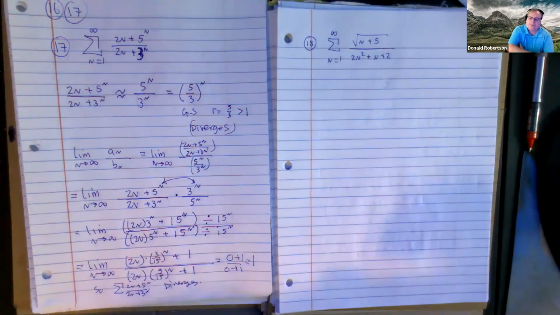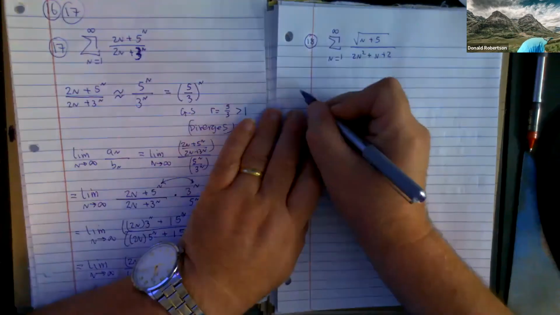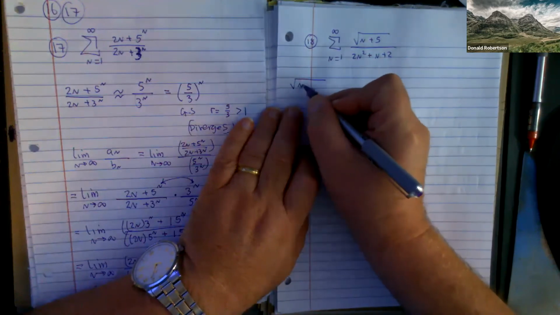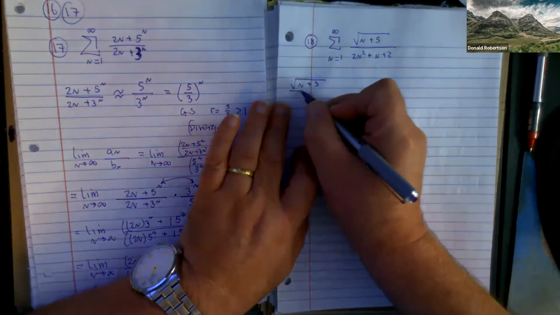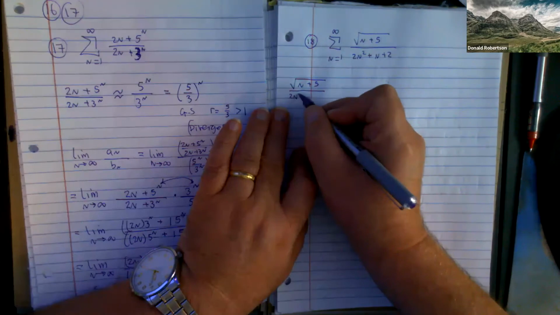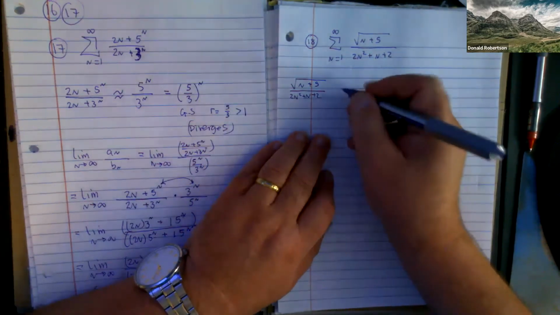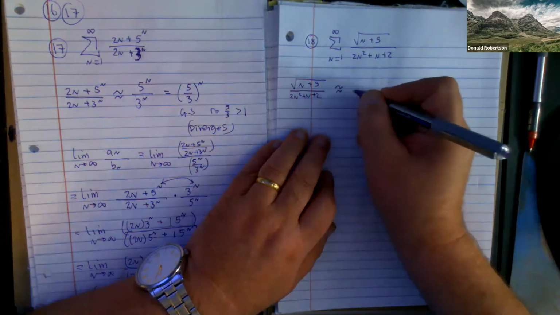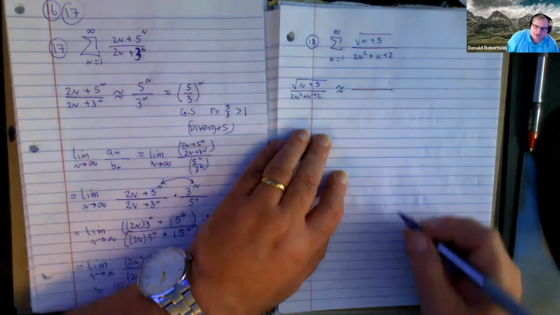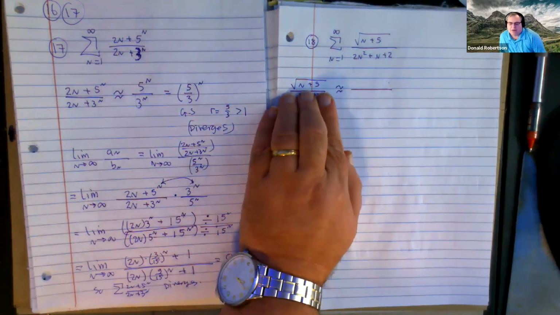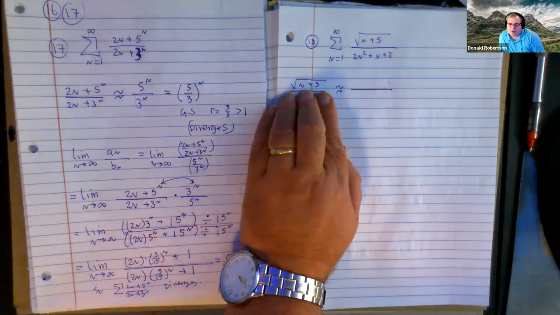Okay, let's try that guy. You can only write a single power of n on the top. What will the square root of n plus 5 be written as if you do that?